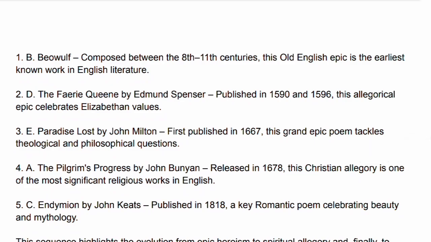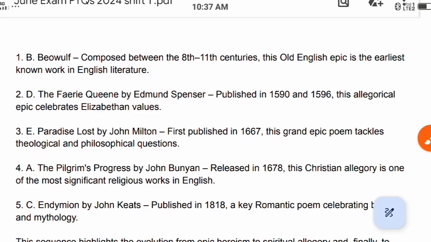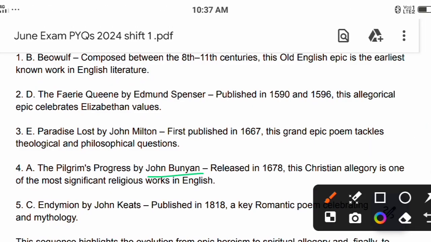here, The Pilgrim's Progress, yes, it is by John Bunyan. Released in 1678, this Christian allegory is one of the most significant religious works in English. Paradise Lost, you know, it is by John Milton, first published in 1667, and this grand epic poem tackles theological and philosophical questions.